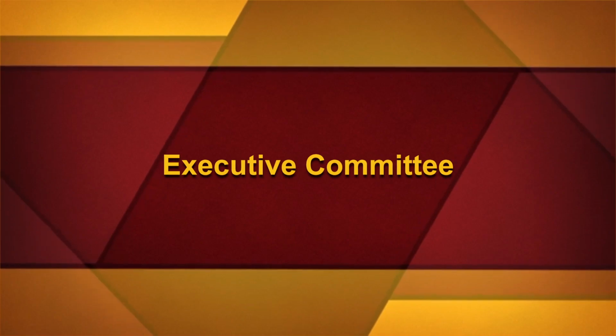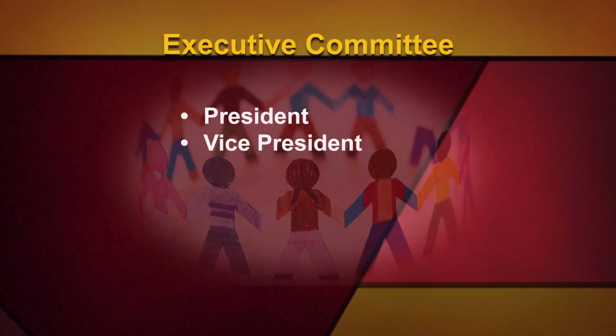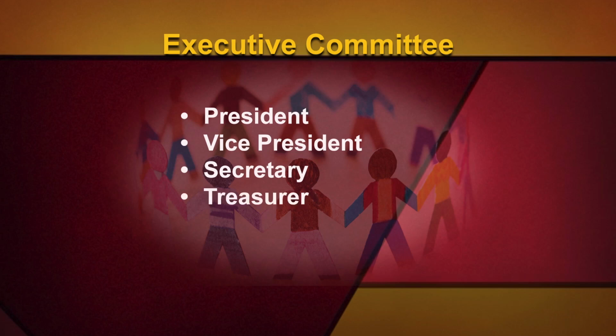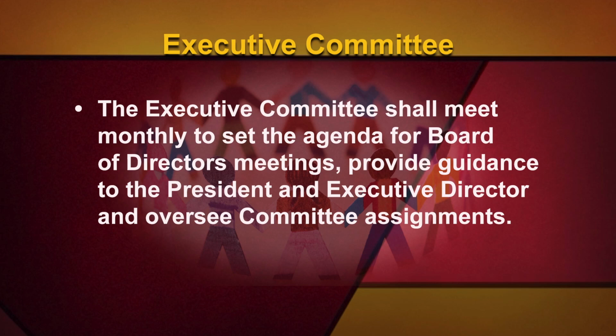Executive Committee. 1. The Executive Committee shall consist of the President, Vice President, Secretary, Treasurer, and Executive Director. 2. The Executive Committee shall meet monthly to set the agenda for Board of Directors meetings, provide guidance to the President and Executive Director, and oversee the committee assignments.